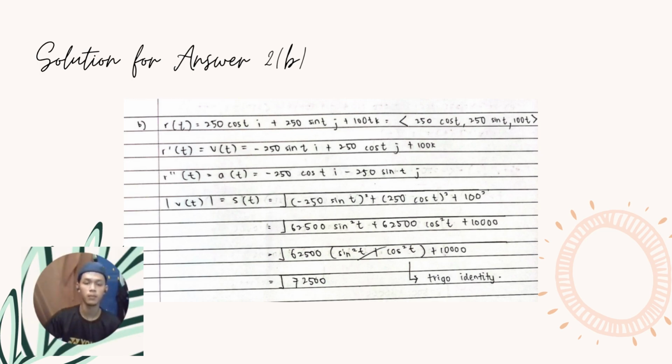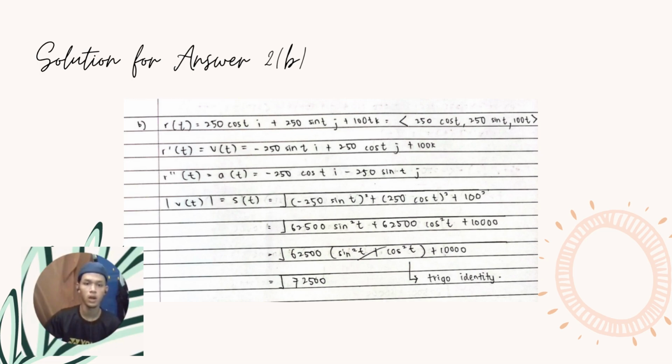Kita harus expandkan equation yang dalam square root. So kita akan dapat square root 62.500 sin kuasa 2t tambah 62.500 cos kuasa 2t tambah 10,000.